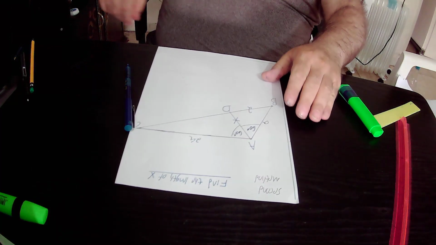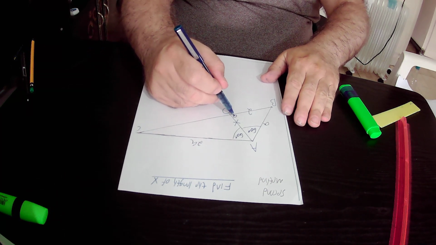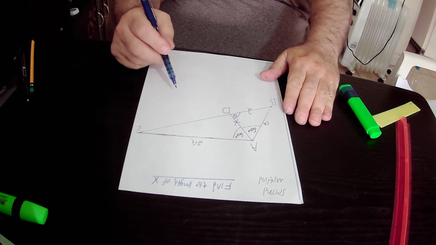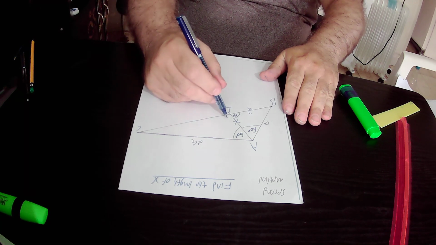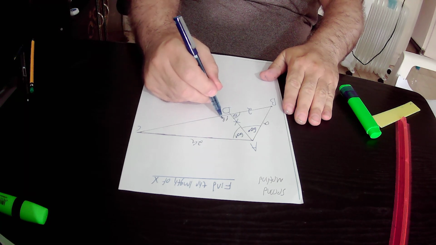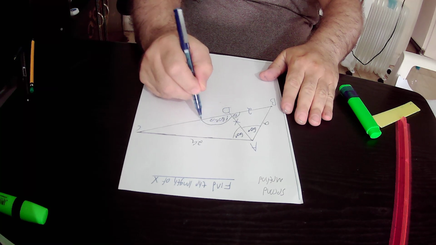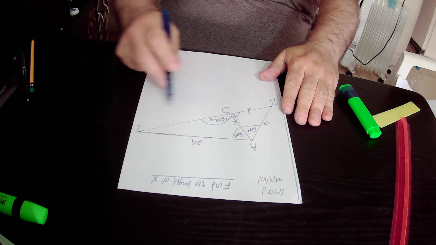In the second method, we define angle ADB as theta. If angle ADB equals theta, then angle ADC must be equal to 180 degrees minus theta, because BC is one side of triangle ABC, therefore it is absolutely a straight line.